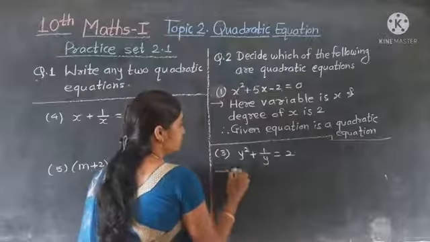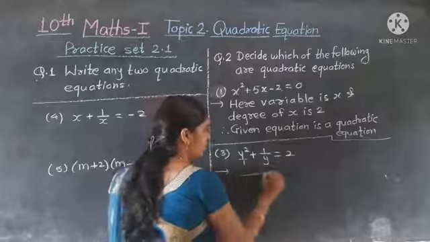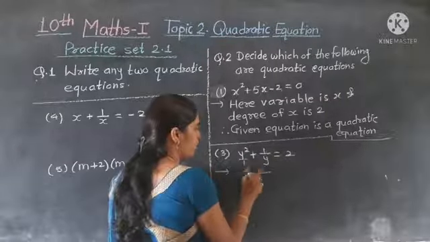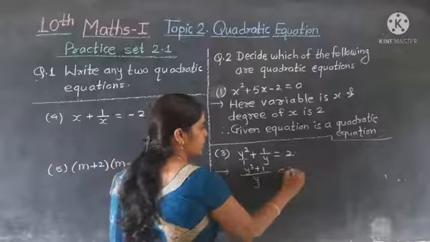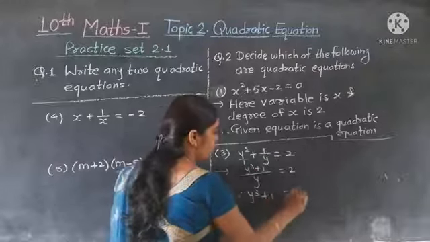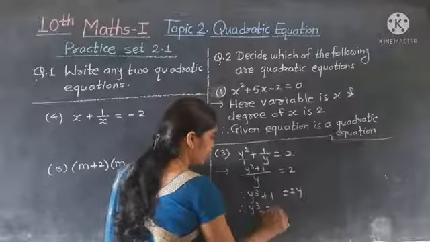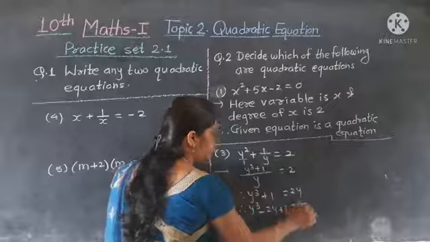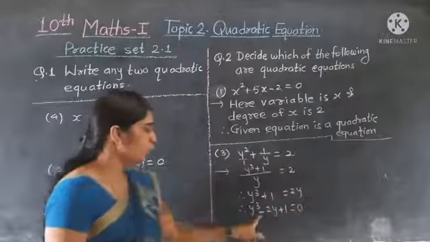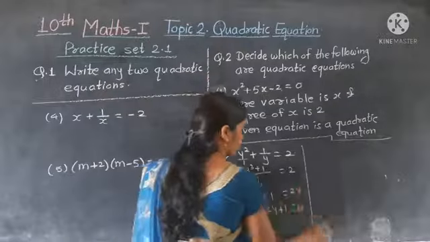If I take denominator 1, then take LCM y, so we get y cube plus 1 is equal to 2y. So we get y cube minus 2y plus 1 is equal to 0. So here the variable present is y and its degree is 3.